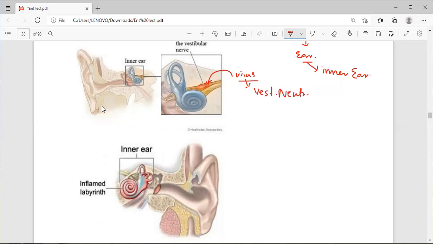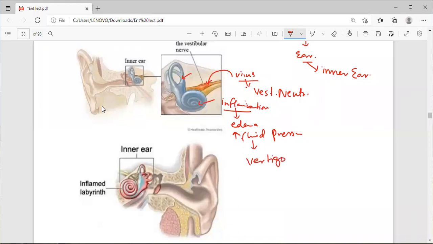If the virus gets into the semicircular canal, okay, or the labyrinth, what will it do? It will cause inflammation of the labyrinth, and after the inflammation, it can cause edema, and there will be increased fluid pressure in the semicircular canals and labyrinth, which will cause vertigo.